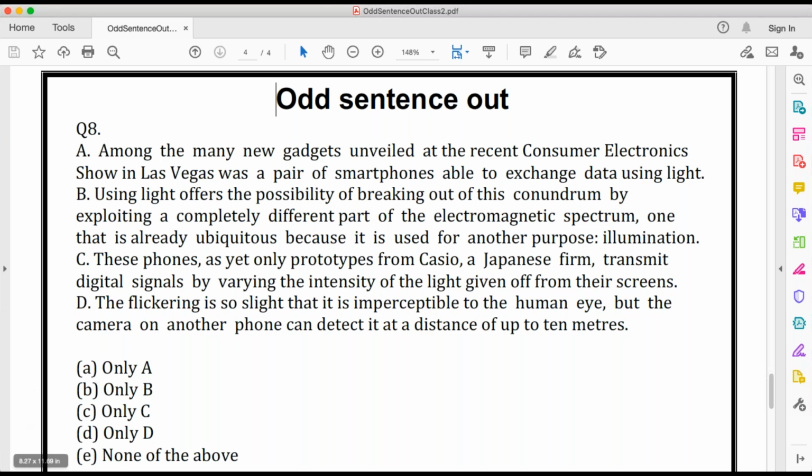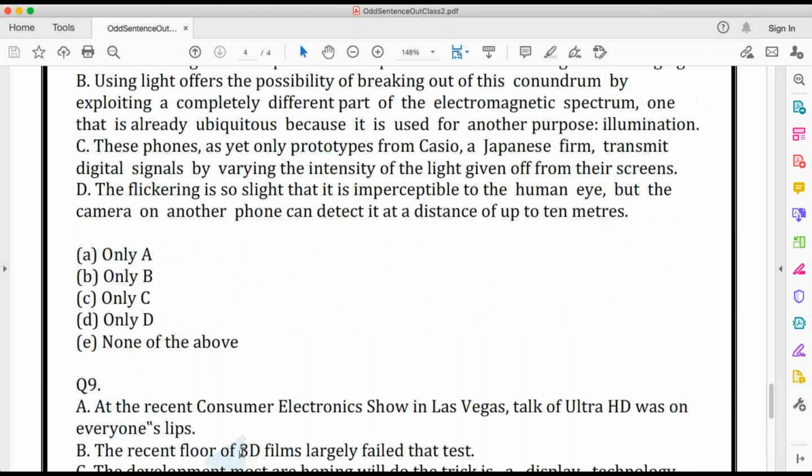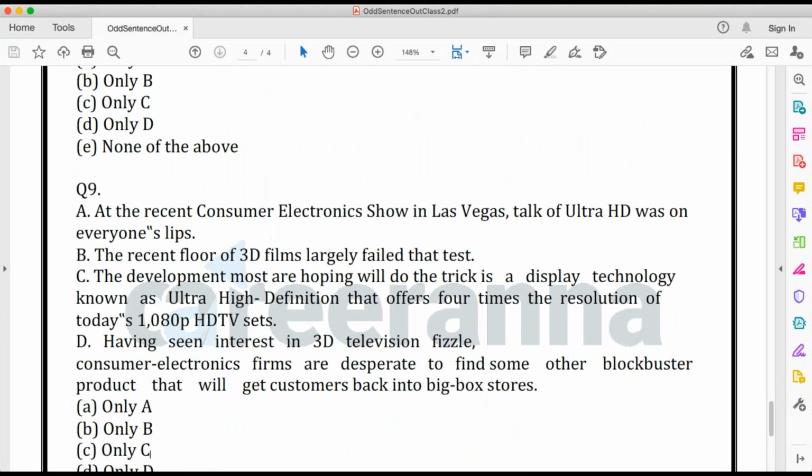Let's try to get to question number 9. This is an easy one. Again, all of you should get it correct.